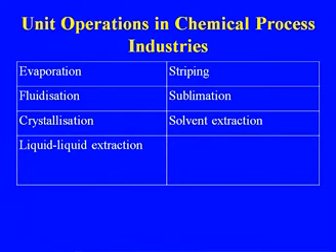In petroleum, when you are separating close boiling point components, that is paraffin from aromatic, we are using liquid extraction. For the separation of paraxylene, we are using the crystallization process, and stripping and sublimation are other processes that we are using in the polyester manufacture.